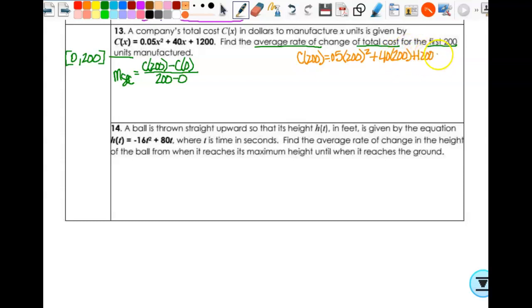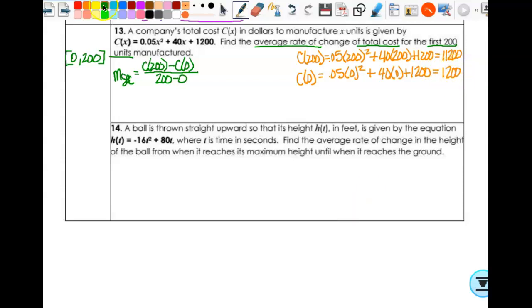And I'm just going to tell you, since I told you to put your calculators aside, it's 11,200. Okay. Then I have 0.05 times 0 squared plus 40 times 0 plus 1200. What's that going to give me? 1200, right? Don't need a calculator for that for sure.